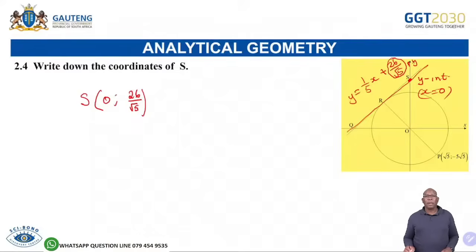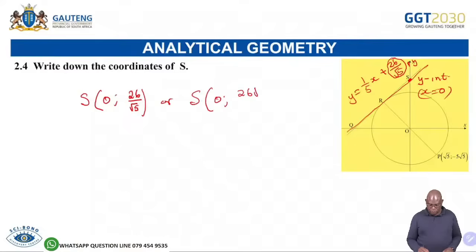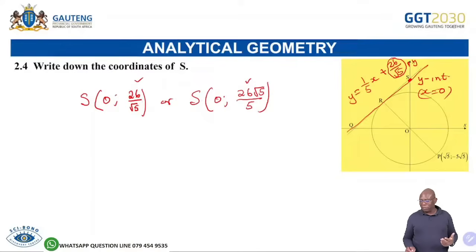All right. If I take my calculator and put 26 over root 5 and I say equals to, then the calculator gives me something else. The calculator is going to give me 26 root 5 over 5. And those two are the same. So whether you write 26 over root 5 or 26 root 5 over 5, this will be the same.